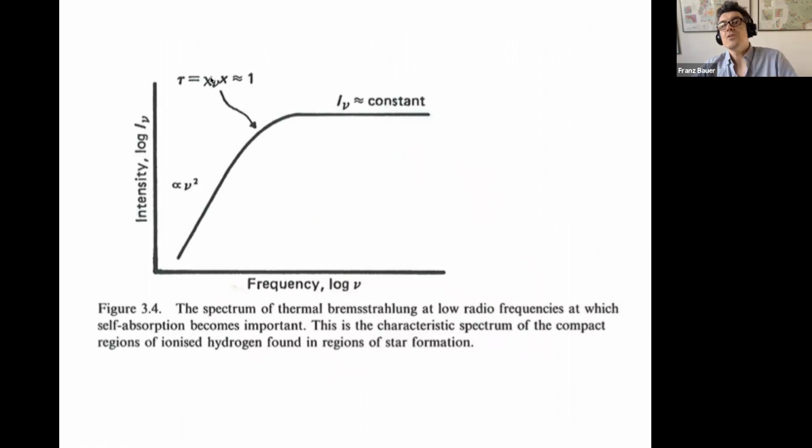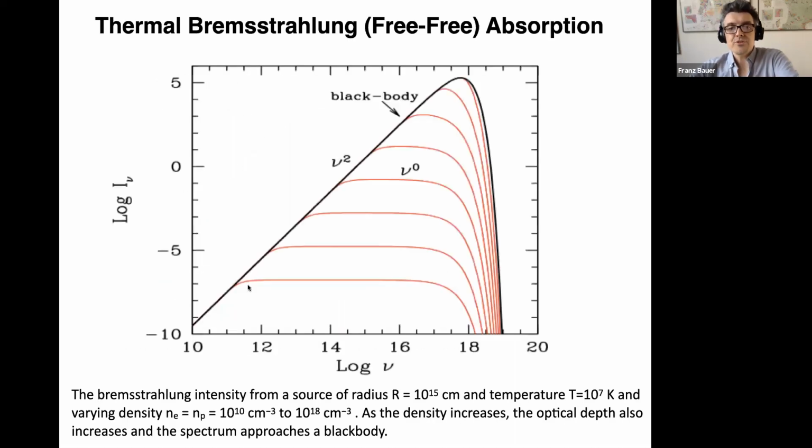And so you have much lower optical depth because you have fewer particles. And so the turnover happens at lower frequencies. And so then you have the optically thick portion, the optically thin portion, and this is flat up until you get to the average velocity of the system, and then you have an exponential cutoff. And so this is the Bremsstrahlung spectrum for 10 to the 10.